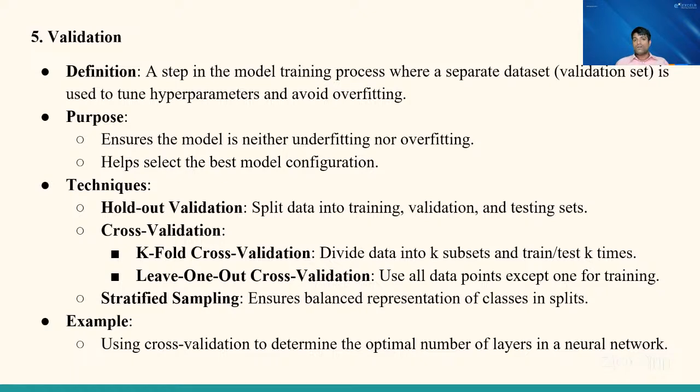Also, a very important process is hyperparameter tuning. In the validation technique, we use methods like cross validation, holdout validation, and stratified sampling. Stratified sampling is one of the statistical methods which tries to split the classes in a balanced way to train the machine.